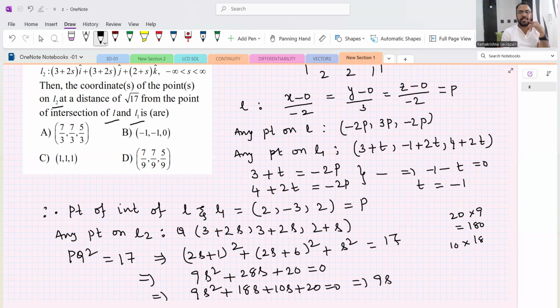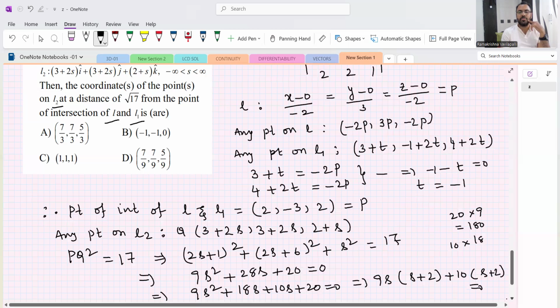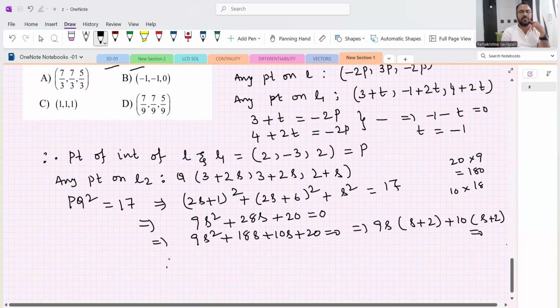This implies, if you take 9s common, you will get (s plus 2), and 10 common, you will get (s plus 2) equal to 0. Either s is equal to minus 10 by 9 or minus 2.